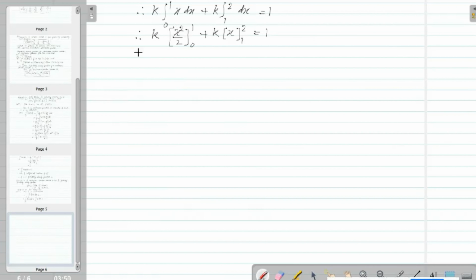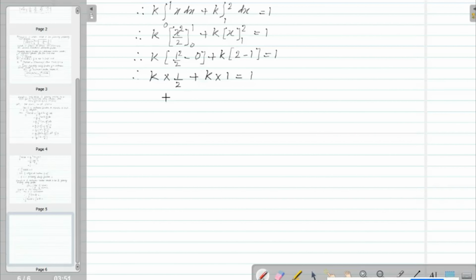Now provide the limits here. The upper limit is 1, that is 1 square by 2, minus the lower limit. If you put the lower limit here, what do you get? 0. So plus k times the upper limit 2 minus the lower limit 1, which is equal to 1. Now simplify this. So k into 1 by 2 plus k into 1, which is equal to 1.